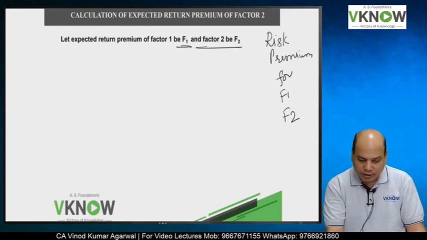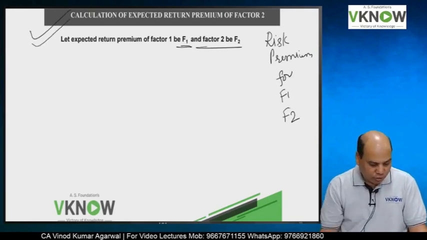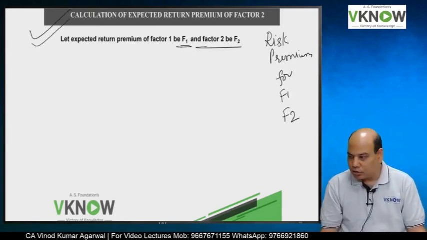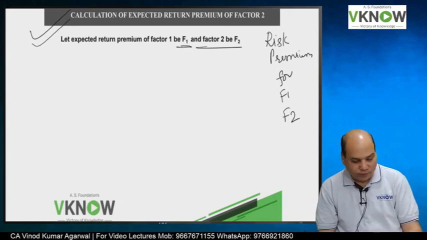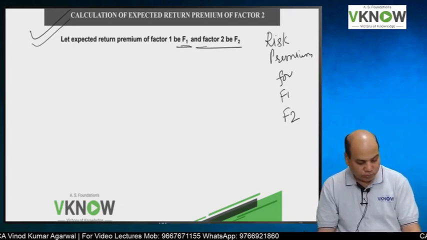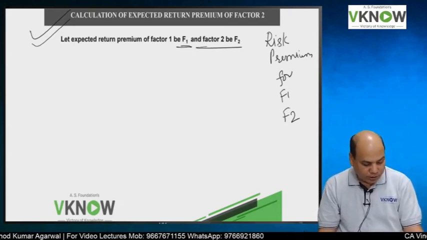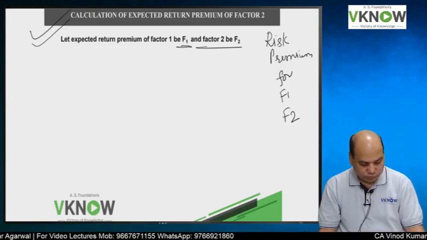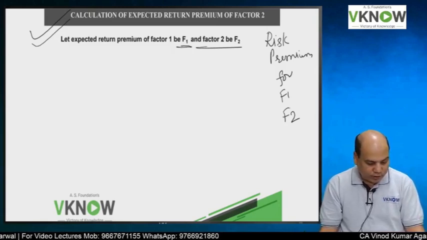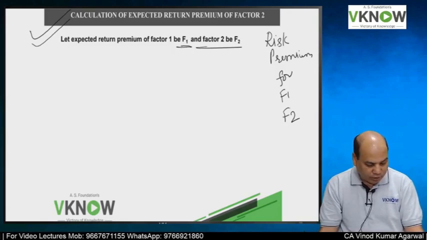So write down, heading at the top, calculation of expected return premium of factor 2.